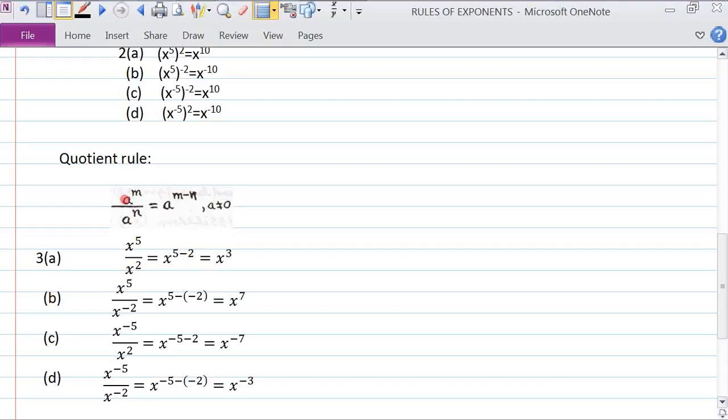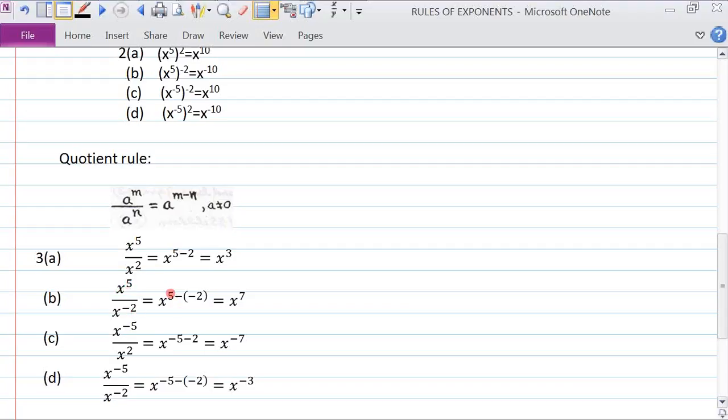Now remember what I said, these two must be the same. I can't have x here and y here. It doesn't work that way. They have to be the same variable or symbol in order to use the quotient rule or any of the other rules. I have x to the 5 over x to the minus 2.